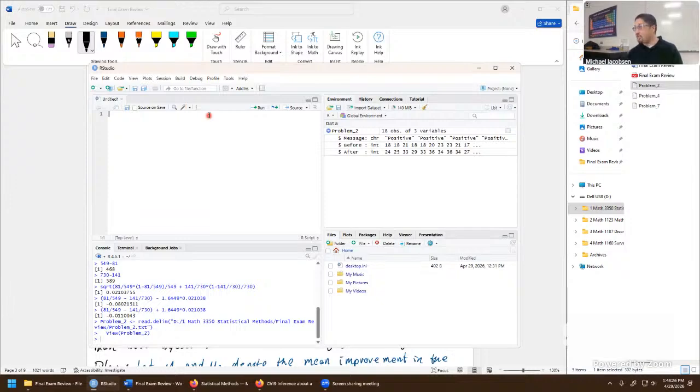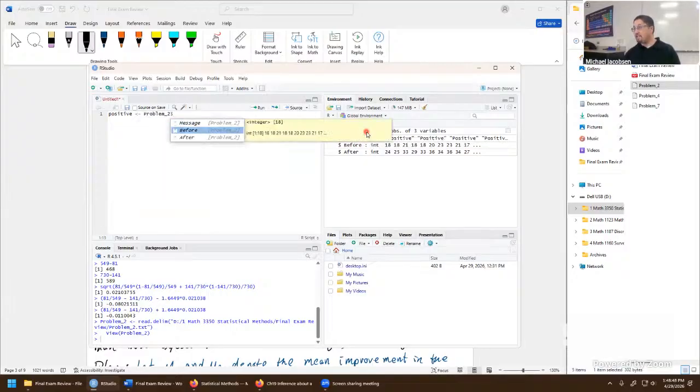So let's get started. First thing we want to do is separate out variables. I'll call this one positive. It's going to be a difference in after minus before. So I'll cite problem 2. Probably should have given that a better name, but let's go with what we have here. Problem 2, select after.